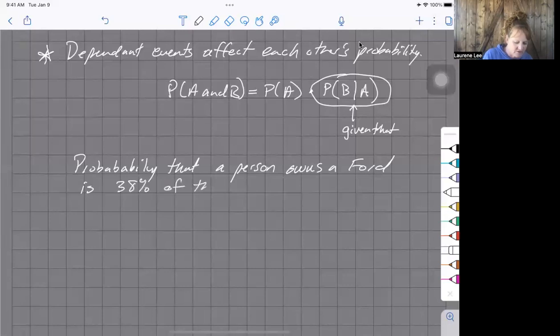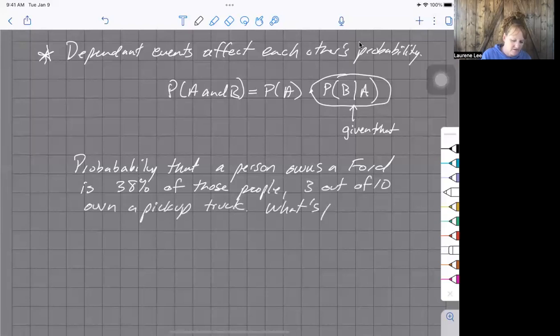Of those people, 3 out of 10 own a pickup truck. What's the probability that someone owns a Ford and it's a pickup?